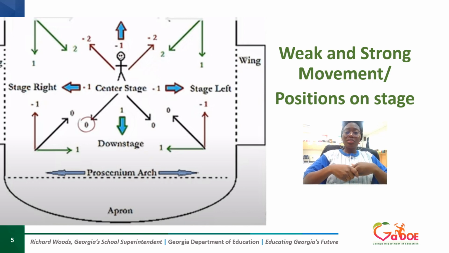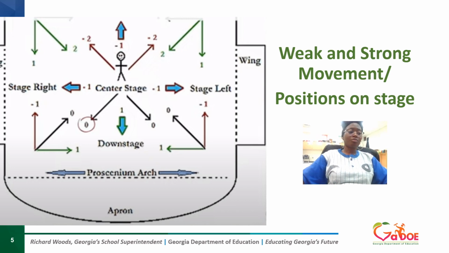Now, there are certain weak or strong positions on stage, and this diagram describes that. Center stage is one of the strong areas on stage. If you're standing center stage and you are moving away from the audience, that would be a weak movement or a weak position because you're moving away from the audience. Oftentimes when you're moving away from the audience, it signifies weakness or less power.